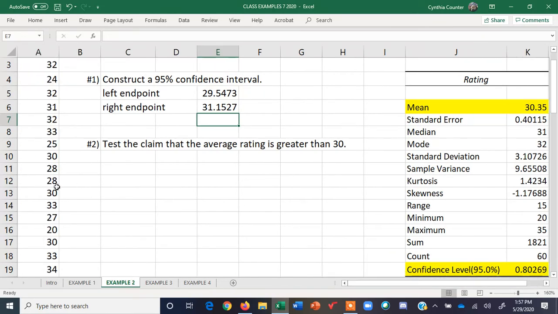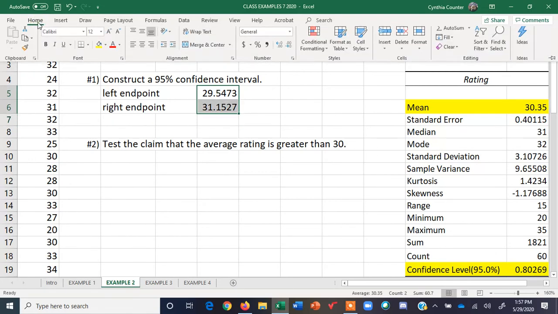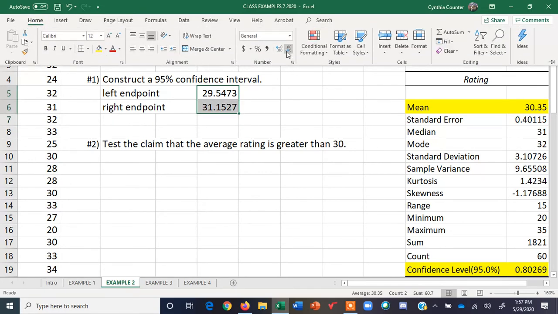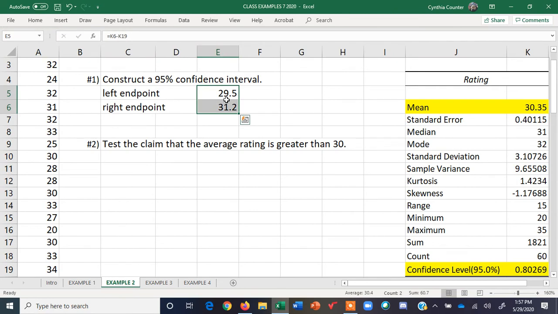Our ratings are whole numbers. We only want our endpoints to be one decimal place more than the original data, so that means it can only have one decimal place. So the left endpoint is a rating of 29.5, the right a rating of 31.2.